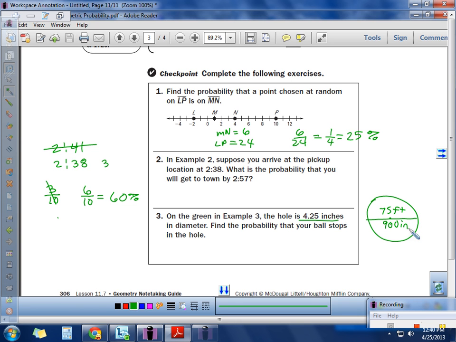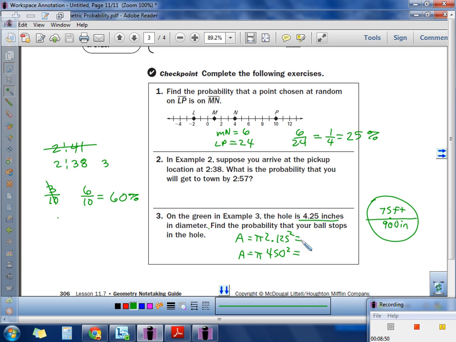So real quick, we need to find the area of these two pieces. The area of the small little hole is going to be pi 4.25 squared, and the area of the large is going to be pi, oh sorry, not 4.25 because that's the diameter, so we want half of 4.25. So that's 2.125, and then for the large green, you take half of this diameter, so half of 900 is 450 inches.